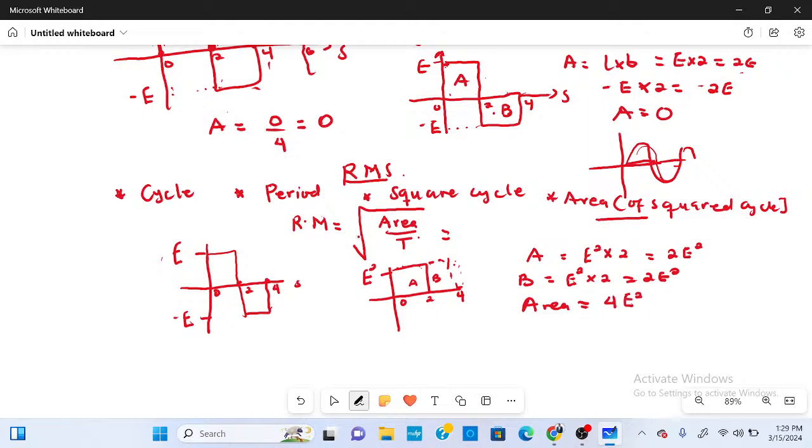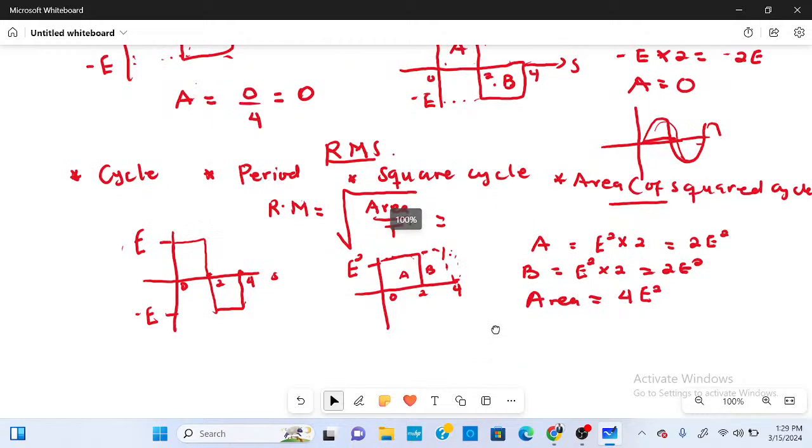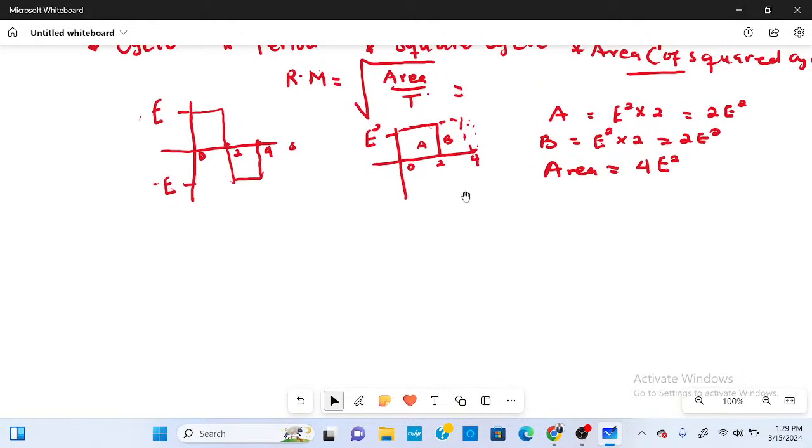Right? So since I have my total area, the next thing I have to do is to divide my area over my period. And I had my period to be 4 seconds, because from here to where it was starting, right?